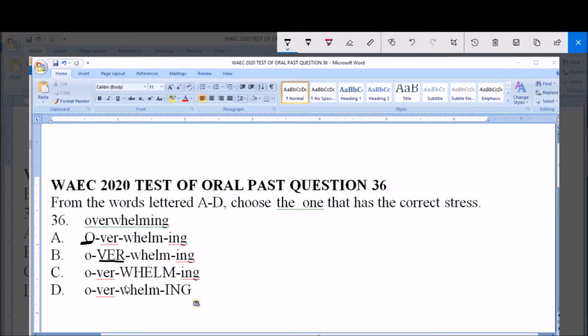Then in option C, the capitalized letters are WHELM, telling us that we should take note if the stress actually falls on the third syllable. Then in option D, the capitalized letter is ing, telling us that the stress falls on ing.